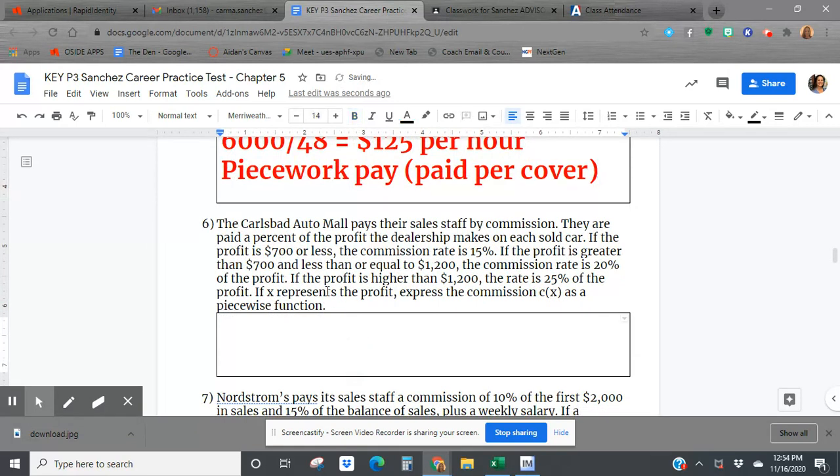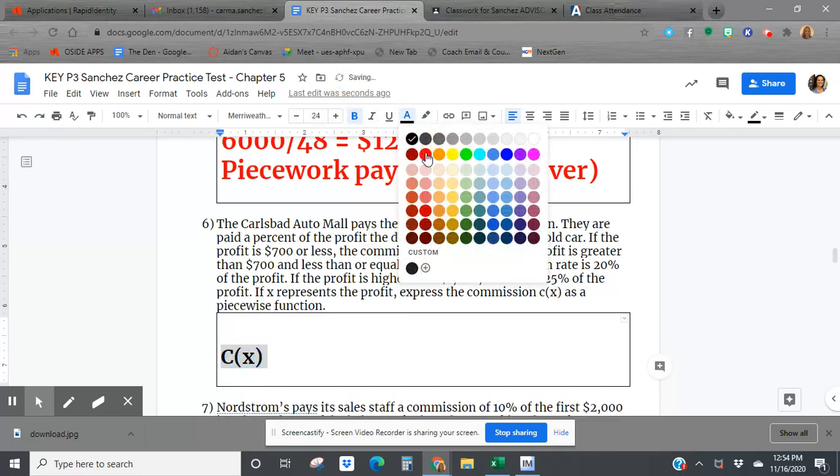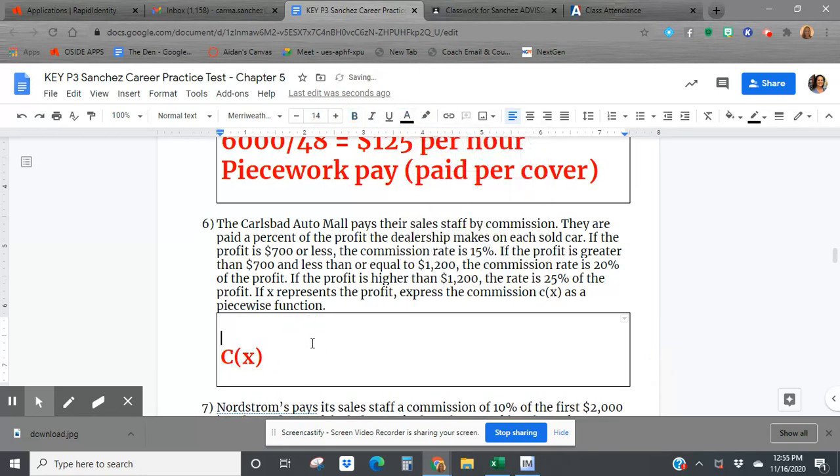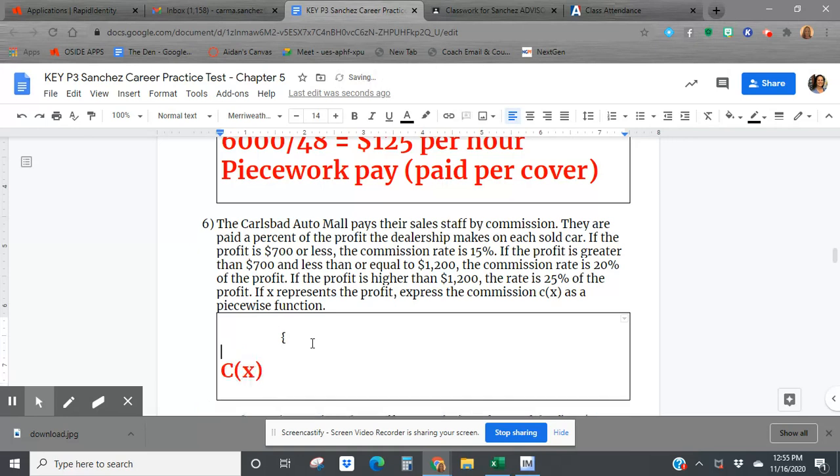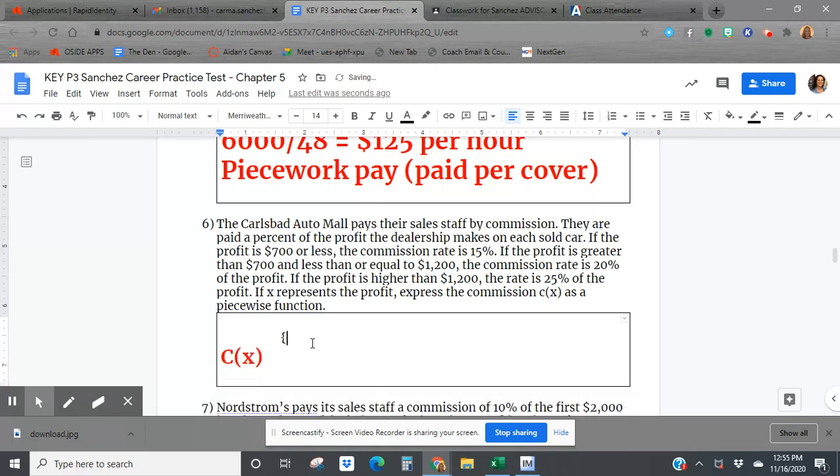Okay, now we're talking about commissions, and the first one, we're doing a piecewise function. And remember, we can't really make the big squiggly on here. So we're just going to write 3 different functions with this bracket.